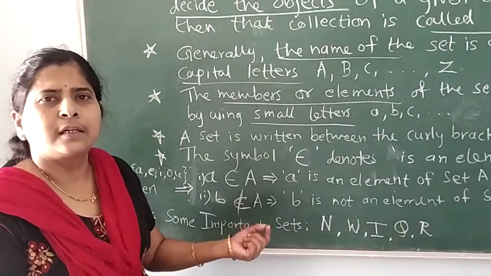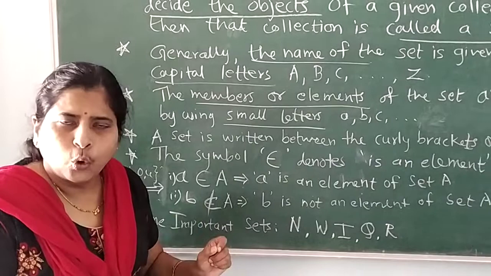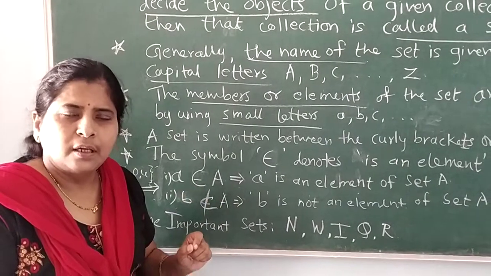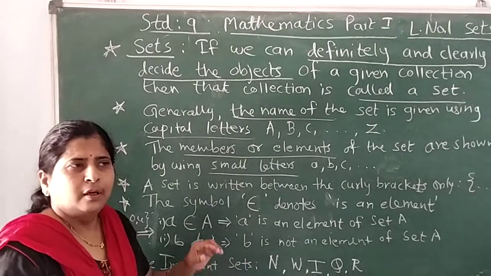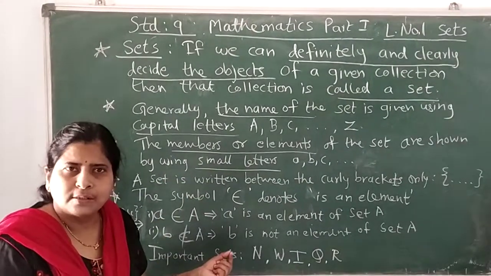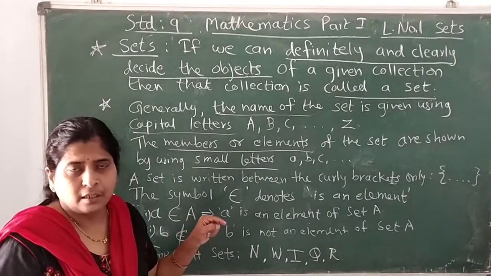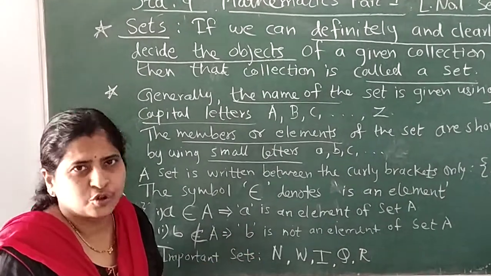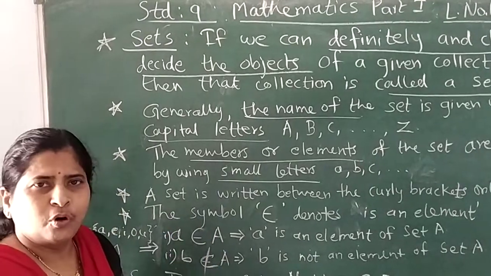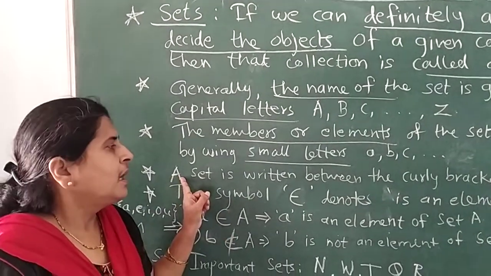So these are certain codes which we have to use. Mathematics, especially sets, is full of the use of symbols. We should know each and every symbol, what its meaning is, and where and how it should be used.